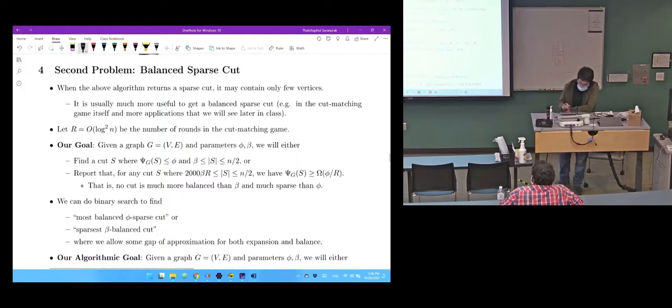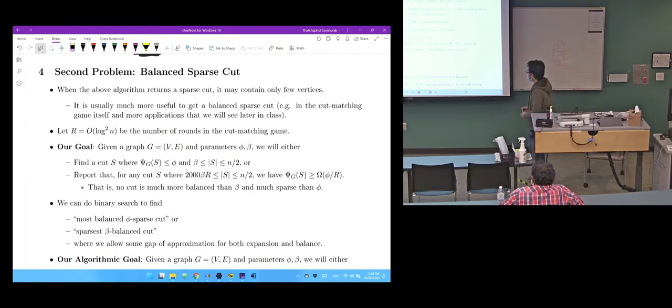Now let's see why this is very easy to adjust so that you can solve the balanced sparse cut problem. As Nikhil pointed out, when the algorithm returns a sparse cut, it might actually contain very few vertices inside the cut.